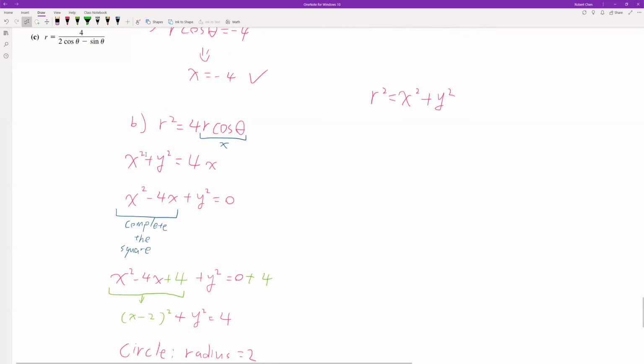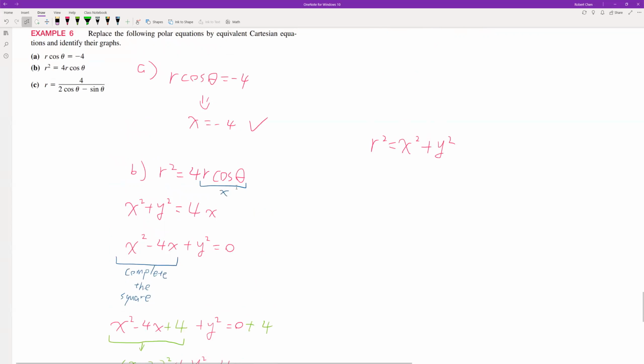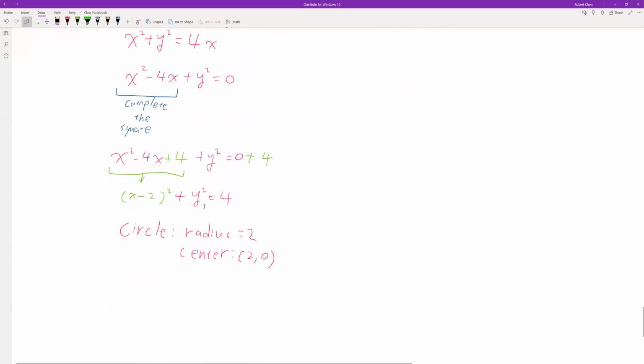Compared to what we were seeing here: r squared equals 4r cosine theta. We have no idea what this equation represents just by looking at it without graphing it. But when we convert it to Cartesian, since we have more knowledge about Cartesian coordinates at this point, we know that this equation represents a circle. And that's something pretty fascinating, I would say.